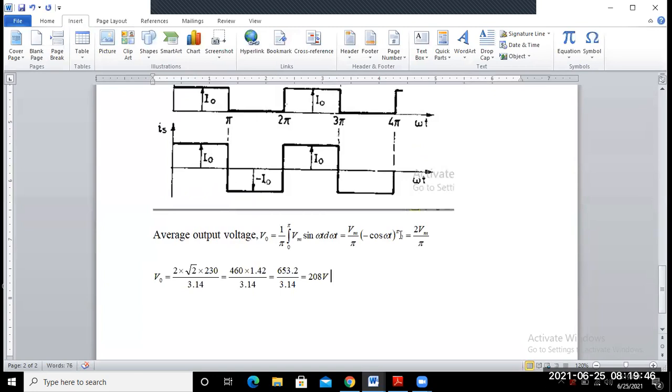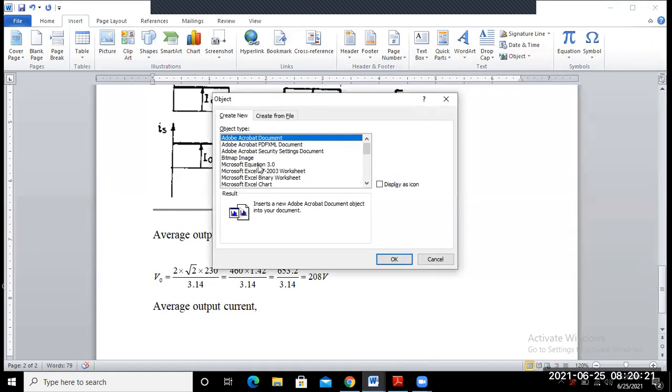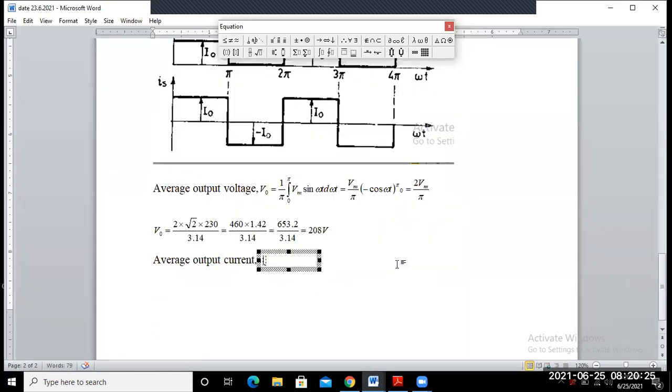Similarly, the average output current is your V0 by R. So V0 by R, that means the average output current I0 equals V0 by R. V0 you already found out.